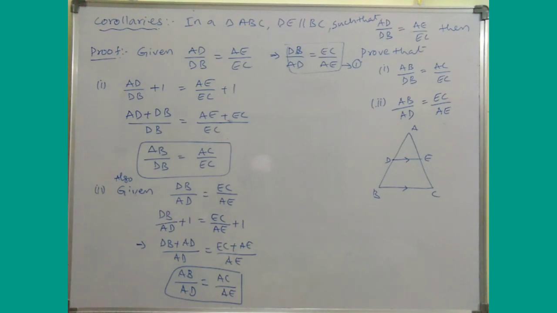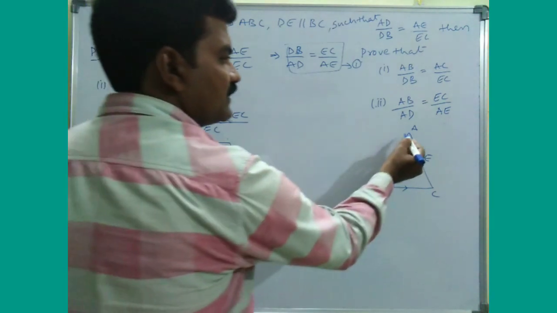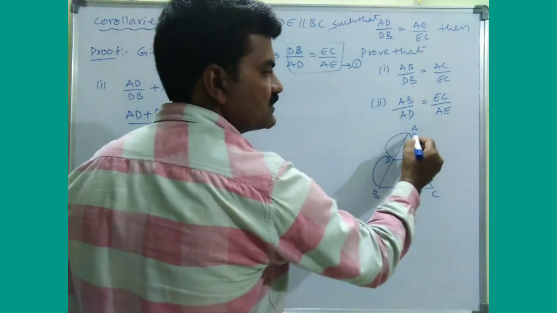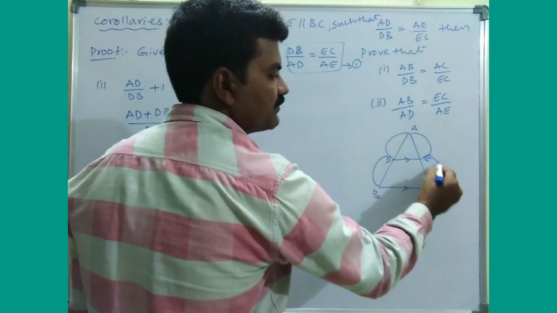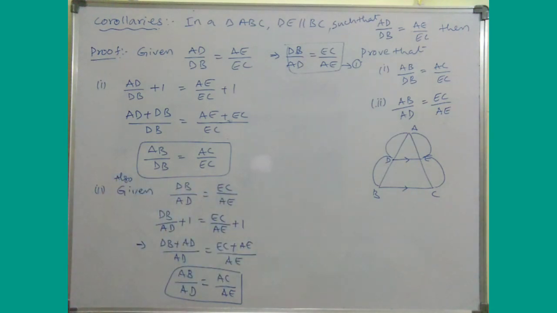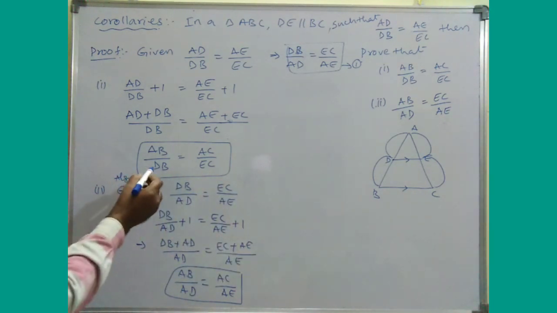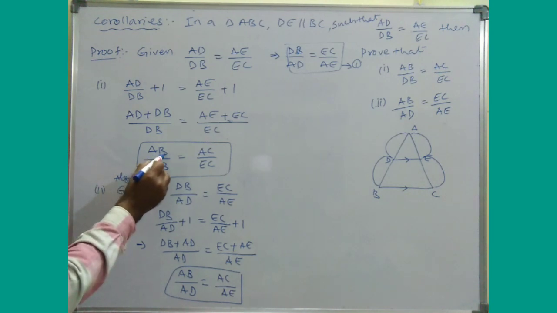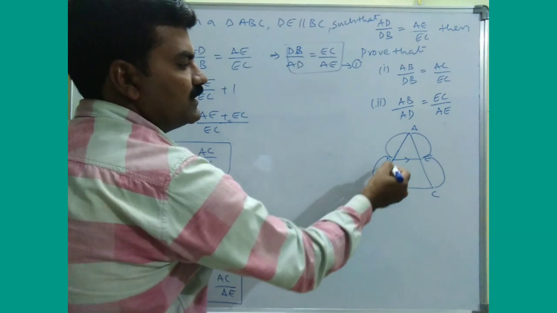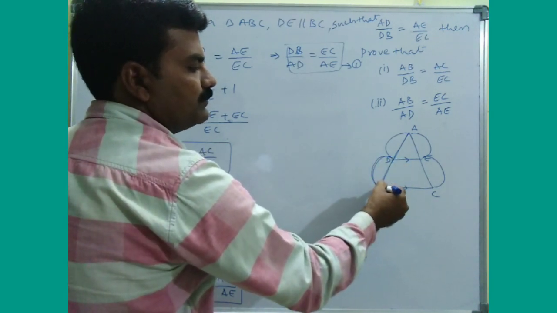Understood? So if you take this half by this half, which is equal to, in the same way, this half by this half, that is basically the first one, which is the BPT theorem. Now look here, what I am taking: AB, the whole part, by the second half BD.